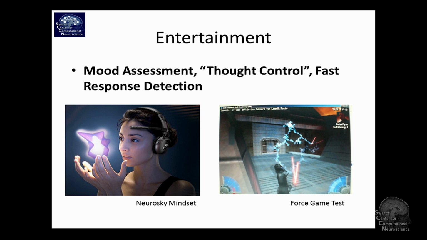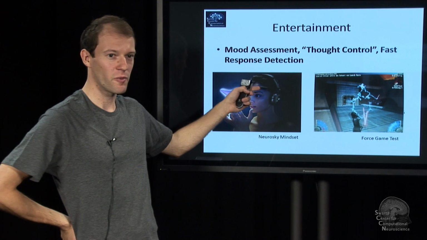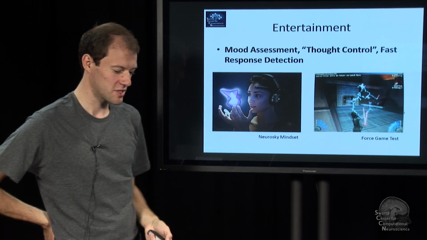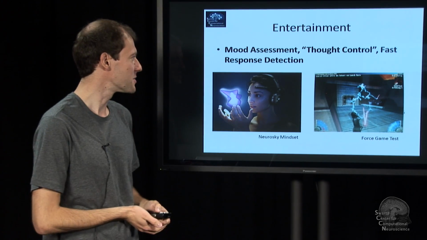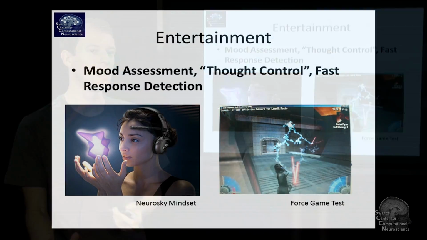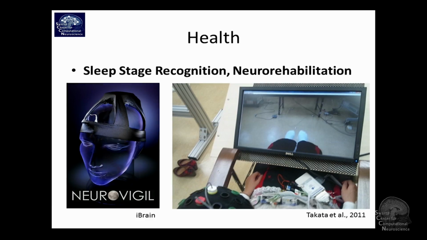Although these things, there's still a long way to go until they work really well. But people buy these, you can buy these things today. By the way, this has only one electrode. That gives you actually a very, very bad signal if you want to do some serious cognitive state assessment. Here's another one, a Jedi type Force game and so on. And there's a couple more.